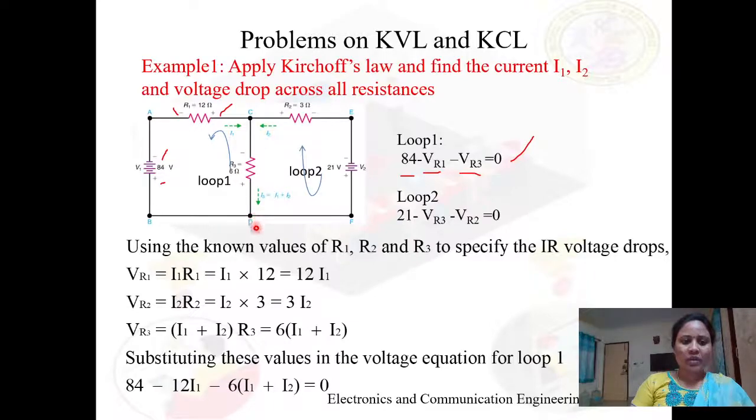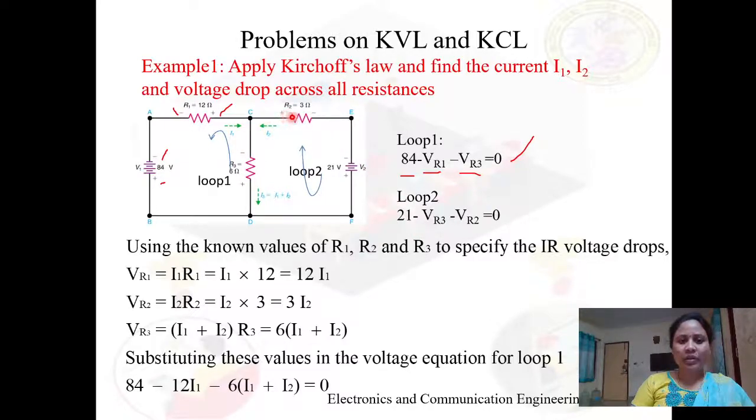Now we will continue the loop from point D to C. Observing the voltage drop across R3 when we take loop 2, it is plus and minus. Therefore, VR3 is negative, so minus VR3.